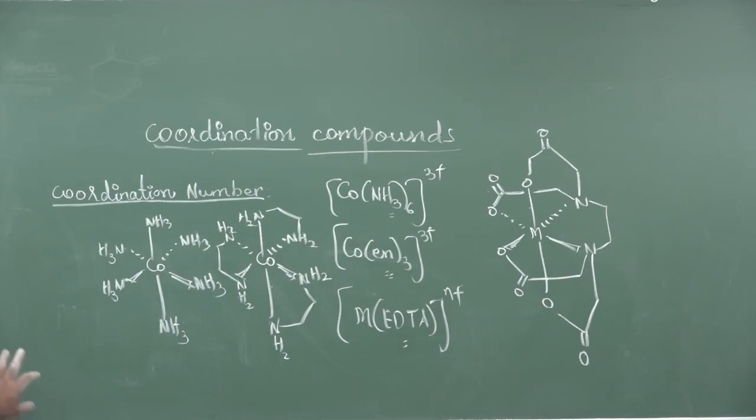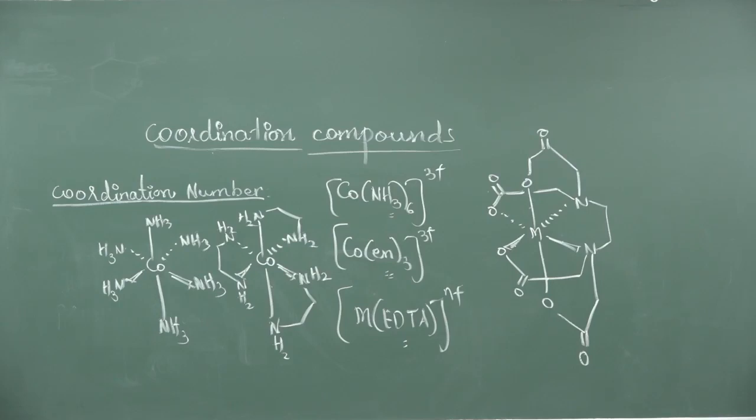Now you can just draw those diagrams. One is a simple monodentate ligand, another one bidentate, and the last one is a polydentate, hexadentate ligand. EDTA, the last one, is ethylenediaminetetraacetato. So there are 2 nitrogens along with 4 acetate groups.